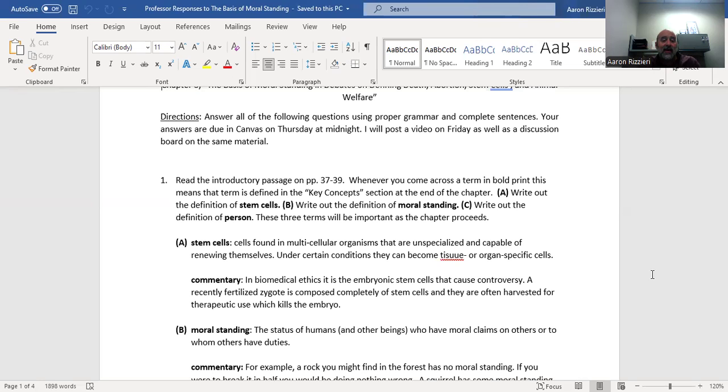So the first term we defined were stem cells, and these are cells that are found in multicellular organisms that are unspecialized and capable of renewing themselves. Under certain conditions, they can become tissue or organ-specific cells. For example, the body contains skin cells, brain cells, heart cells.